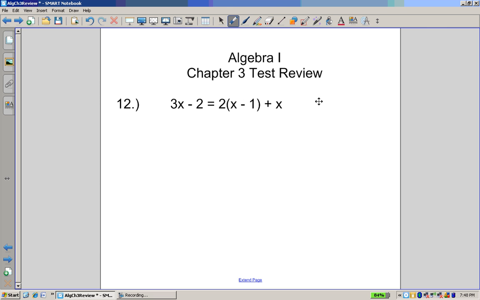And here we go, last problem for this set and for this video. Again, try it. Pause the video. And let's work it out. First distribute. Then combine all of your like terms.